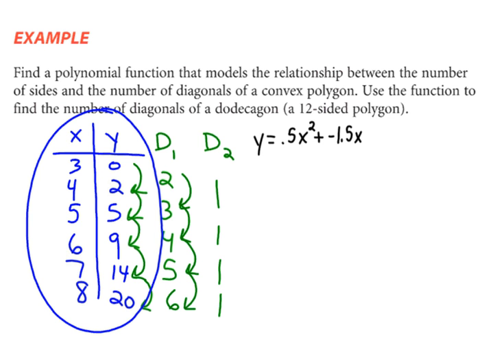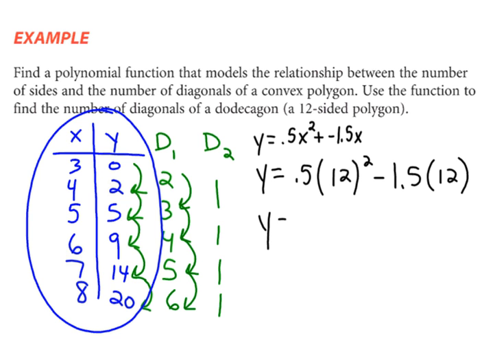X stood for the number of sides, so let's plug in 12 for x. We can throw this into the calculator and we can figure out that y ends up being 54. So a dodecagon has 54 diagonals.